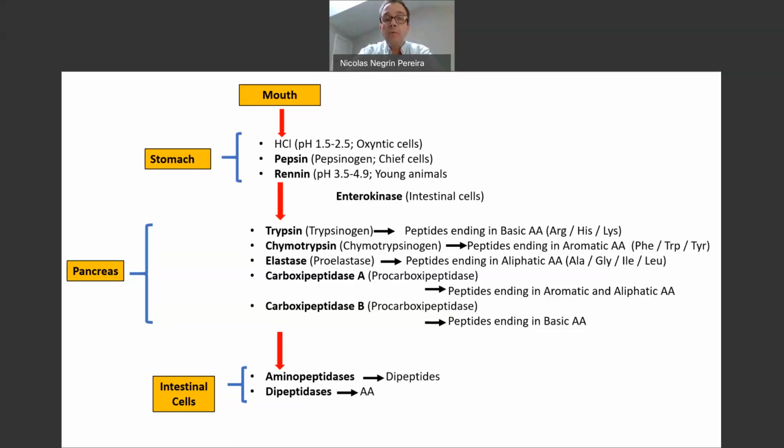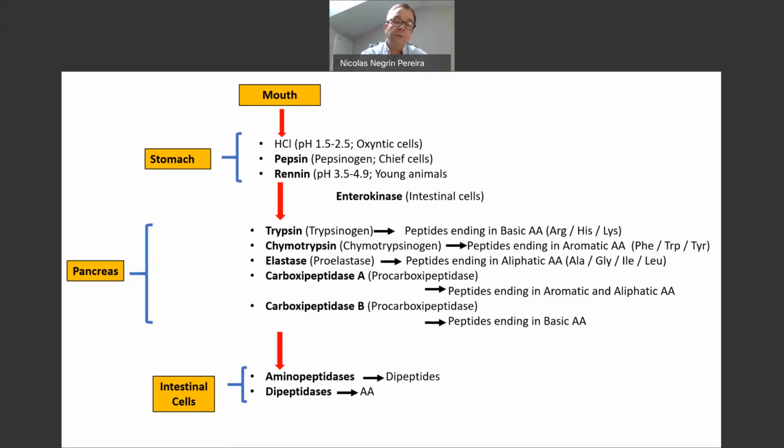Also, we will find in the stomach another enzyme that is normally present in high quantities in young lactating animals, which is renin, and it is the enzyme responsible for attacking the milk protein casein and forming the curd of the young lactating animals.